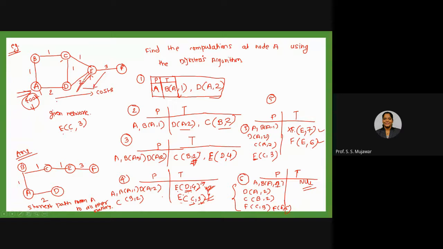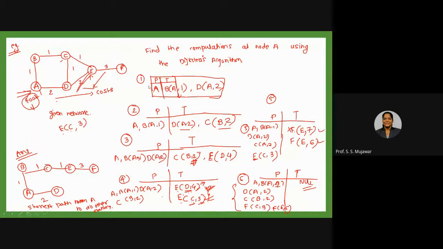So what we have done: we need to find the calculations with respect to node A using Dijkstra's algorithm, and we have started with the root node A. It is already mentioned that we need to start with A. So we have made two columns: one is the permanent one, another is the temporary one.